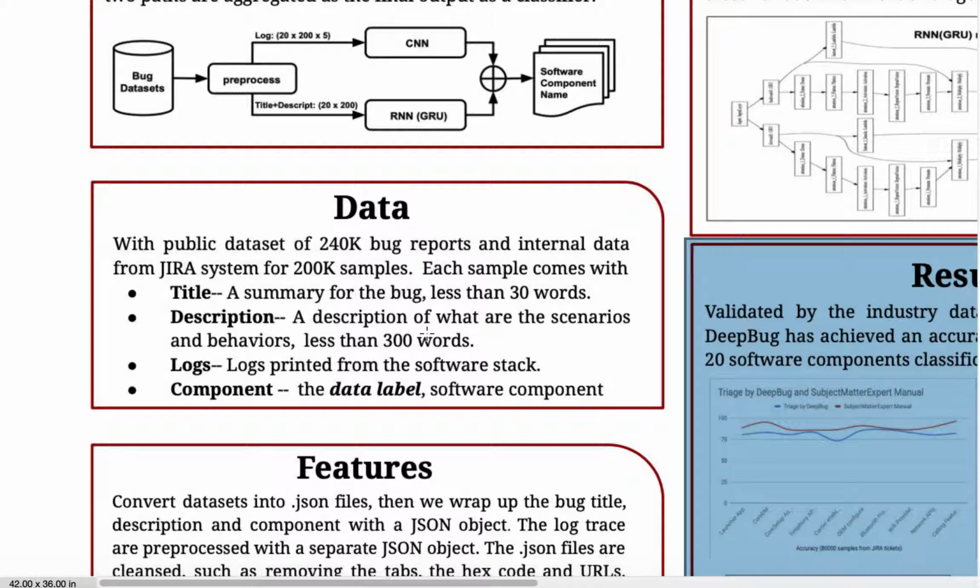Each bug report comes with a title, description, and logs, and the data label is the component. For a closed ticket, the component means where the issue was finally fixed, and for a new ticket, this is the component we are trying to predict.